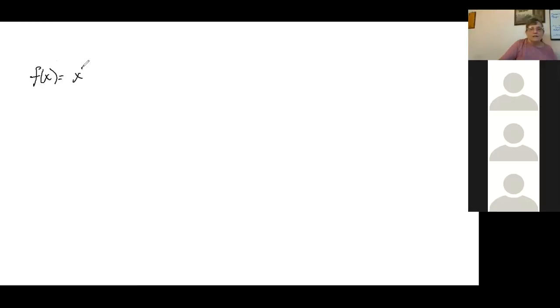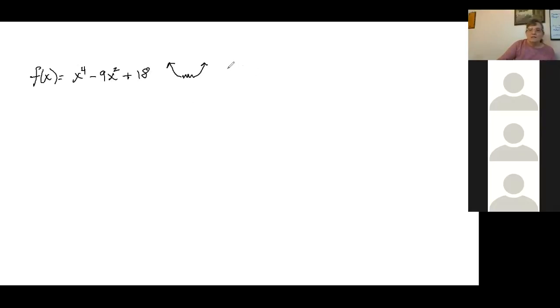What if we had x to the 4th minus 9x squared plus 18. Now this is not a quadratic because it's an x to the fourth, although it's going to have the same shape as a quadratic.